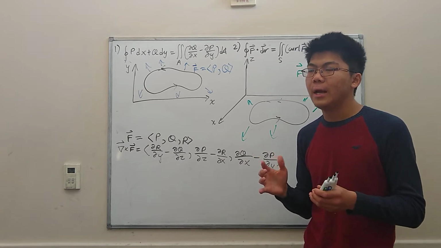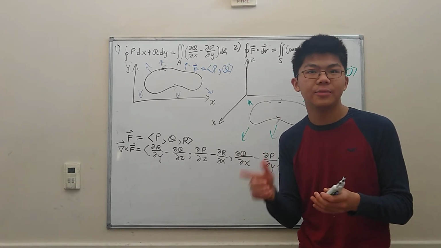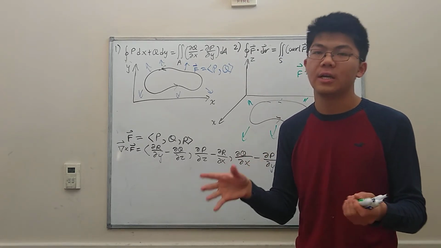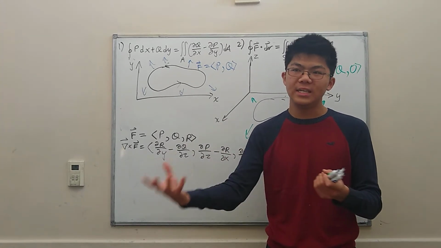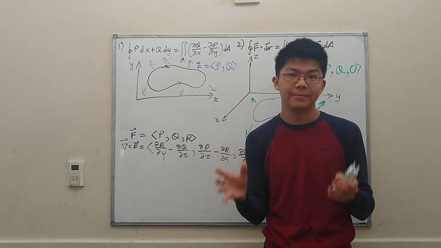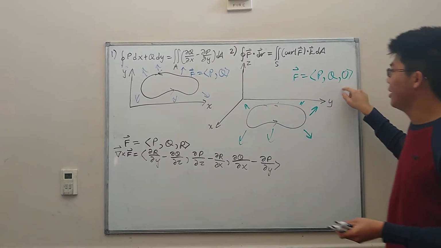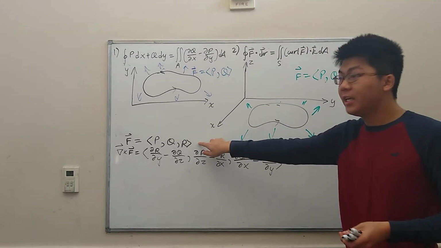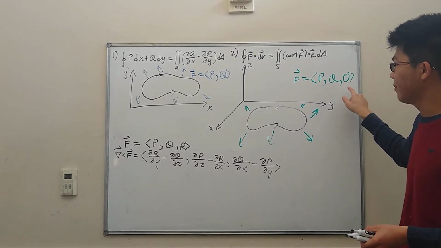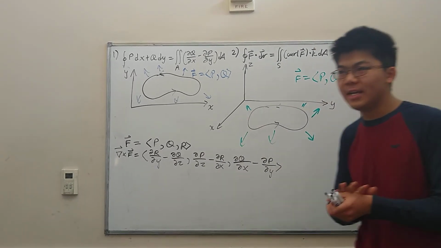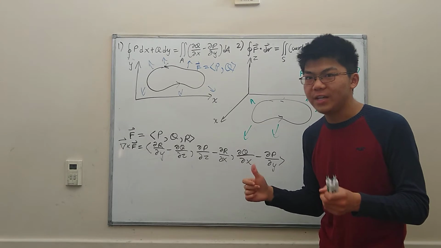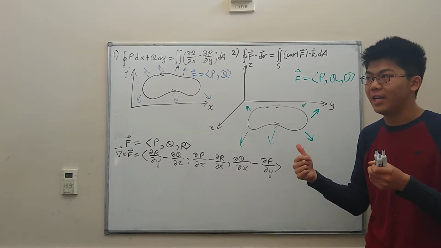But curl turns out to be a vector in 3 dimensions. So how do these two expressions work out? What happens is in this expression, we set your R here to be 0. So there is no vector field pointing in the z direction.